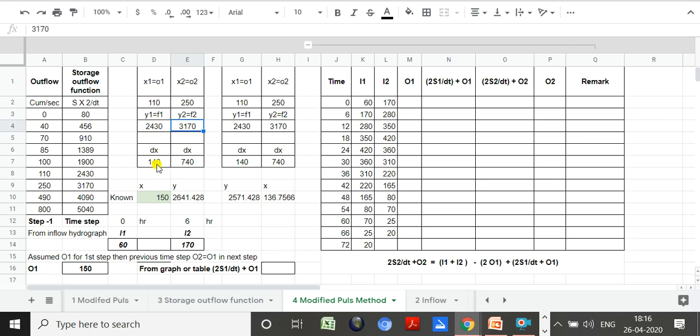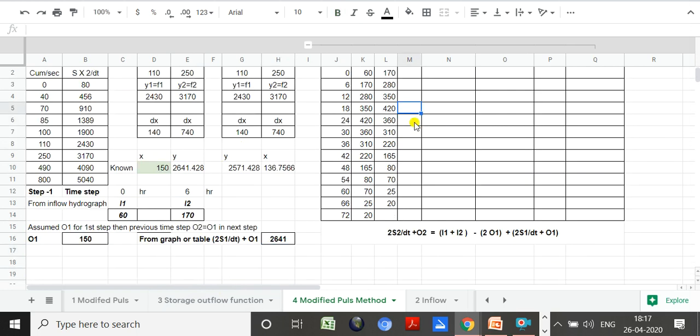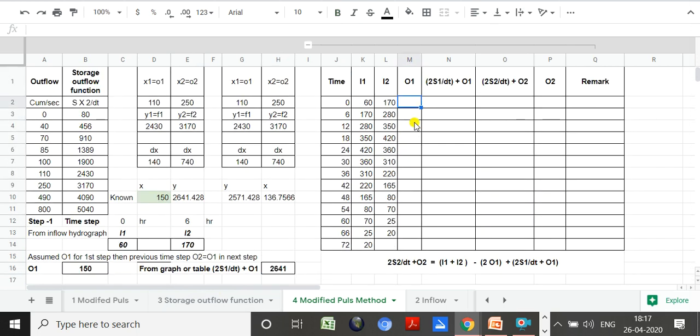This is my dx value and dy value for the interpolation function. For the assumed value 150, the value of 2S1 by dt plus O1 equals 2641.